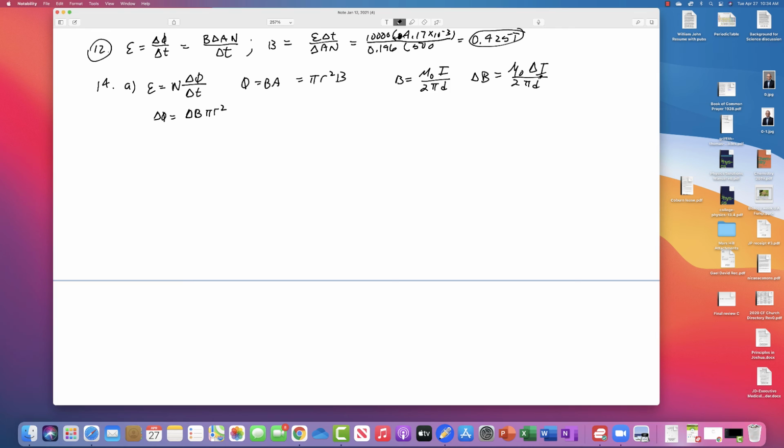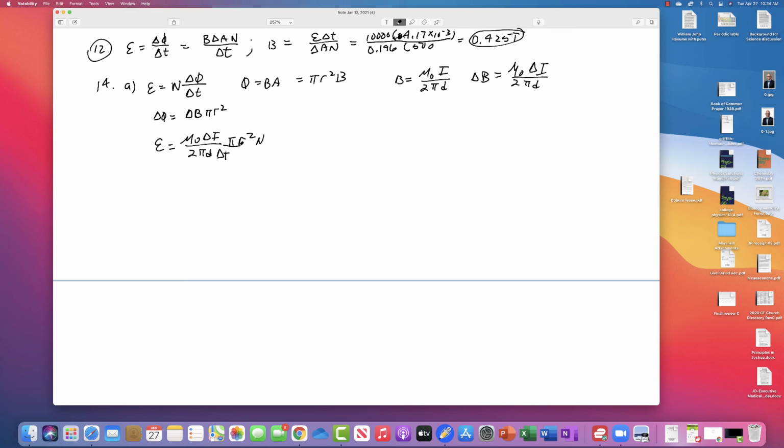And so if we put this in here, then we can say that E is equal to mu 0 delta I over 2 pi d times pi r squared n, and put delta t on the bottom here.